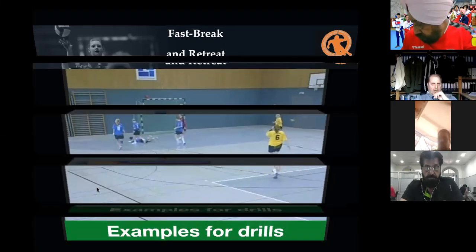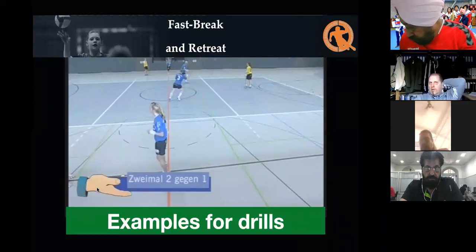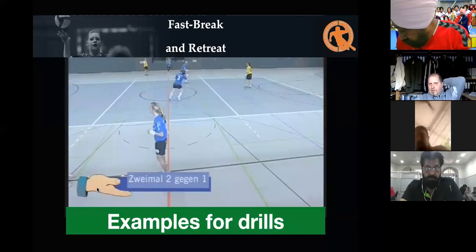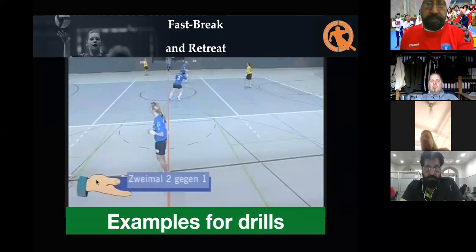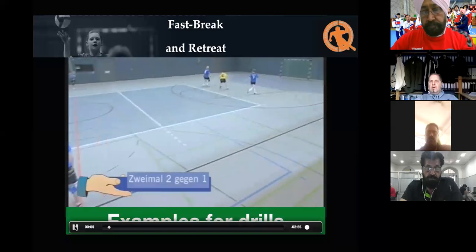So, and another way of combination we have here. Now we can see 2 players in the center, blue, against 1 defender, and another couple of attacker and defender on each side. So the situation starts 2 on 1 inside the 9-meter area.